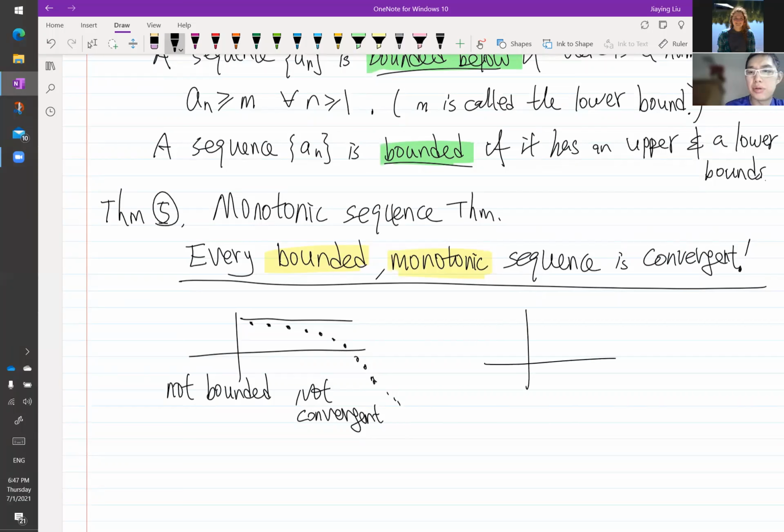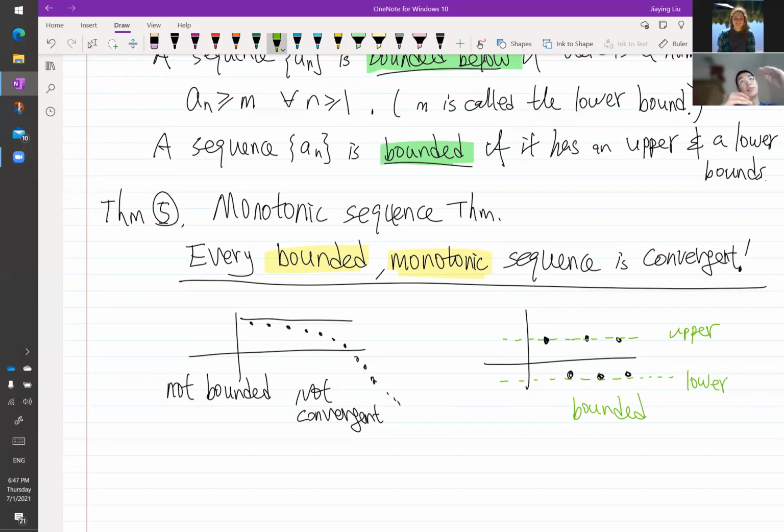Another example, like Chris said earlier: you might have a sequence that's bounded, like an alternating sequence like this one, with an upper and a lower value. The values of this sequence don't go past the highest value, and don't go below the lowest value. So it has an upper and a lower bound, so it's bounded.